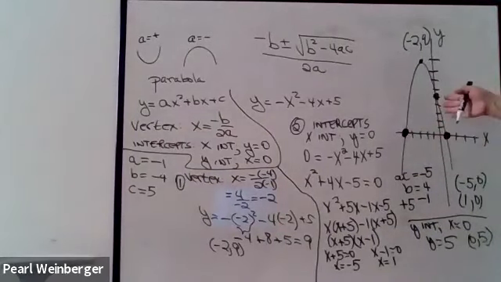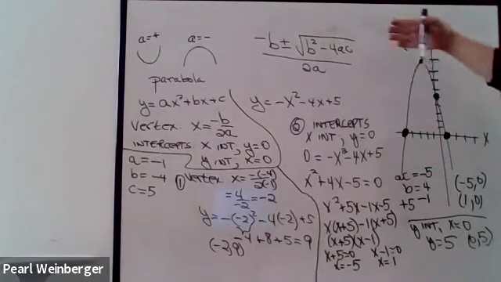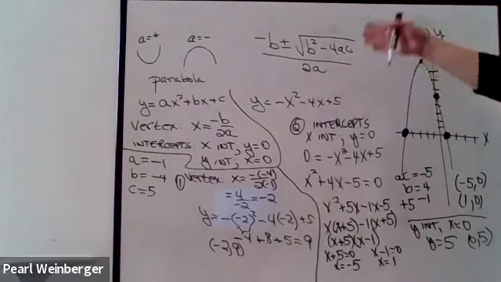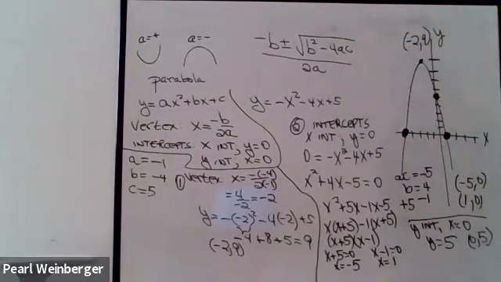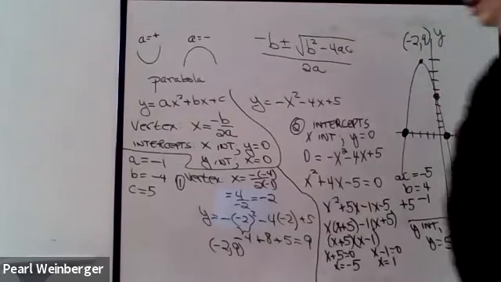You could pick x to be, let's say, -4, put it into your equation, and it'll give you a y value, and that'll give you another point on the parabola. I usually think it's enough to find the vertex, which is absolutely important, and then the intercepts. If you can find all of those, then you get a good picture of what your graph is going to look like.